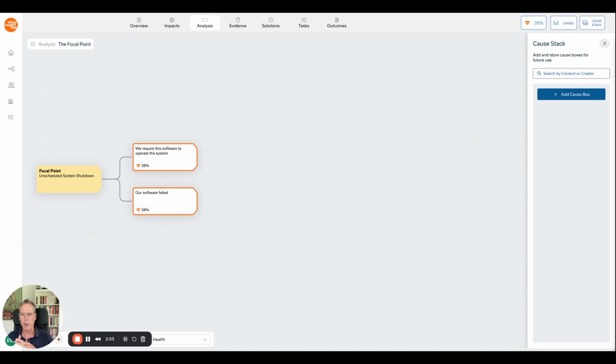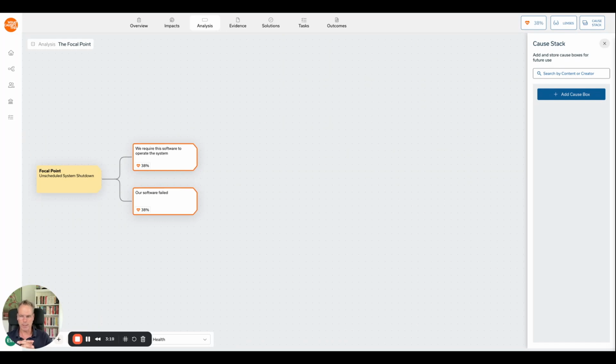The top branch, we requiring that software to operate the system, would look at why we require a specific software and maybe why we don't have any redundancy or backup systems to step in. And the lower branch, our software failing, is going to explore specific reasons why the software failed. And so far so good.